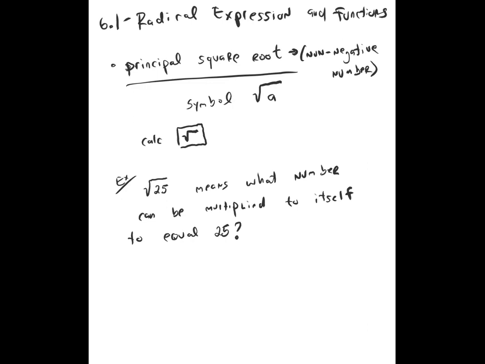That's what this square root symbol means. What number can we multiply to itself to get 25? So here we should see that the square root of 25 equals 5. We can check our work. If we multiply 5 to itself, we see it gives us this answer of 25 there. You can put that in your calculator and see it gives you the same thing.